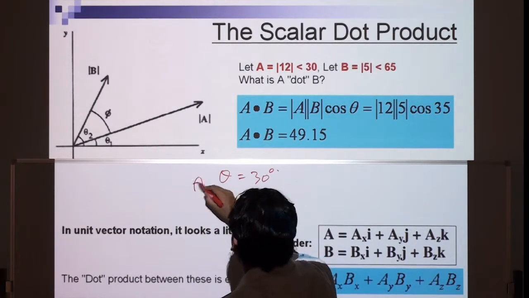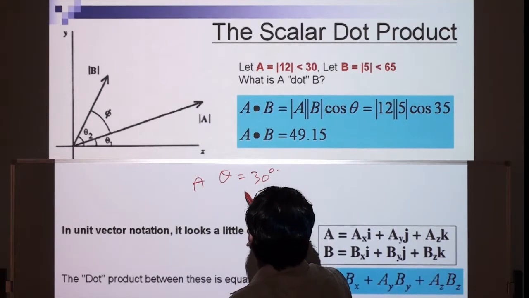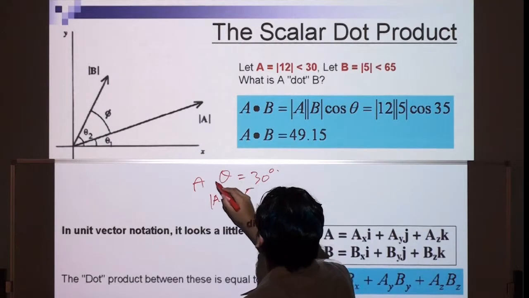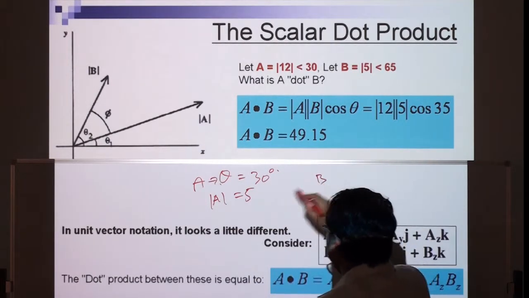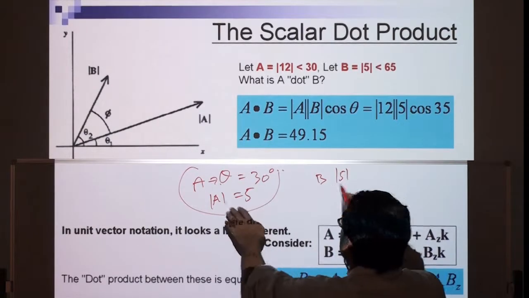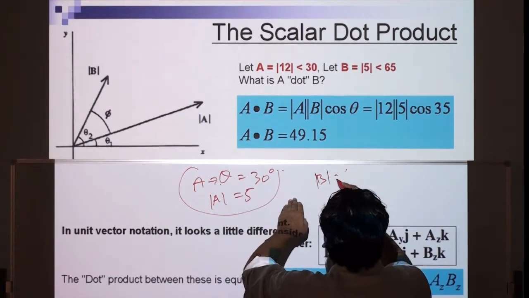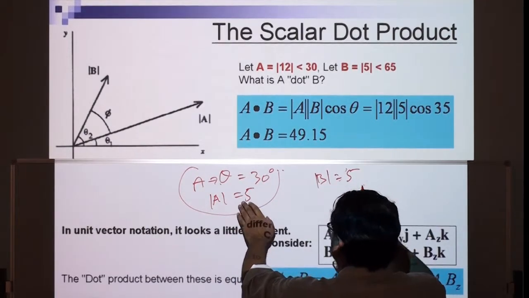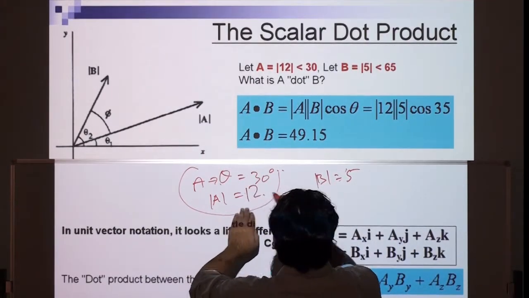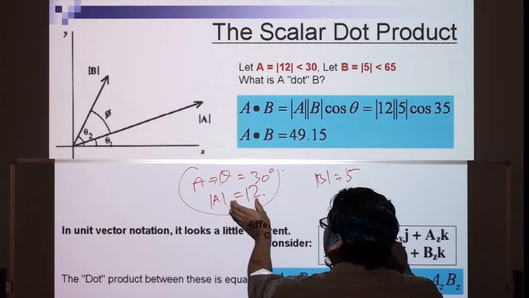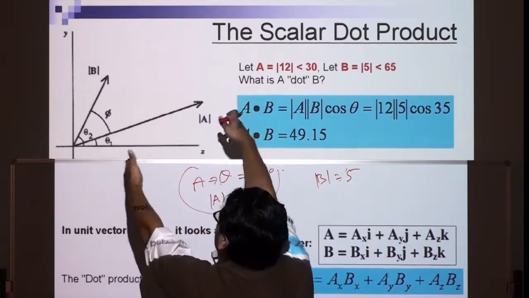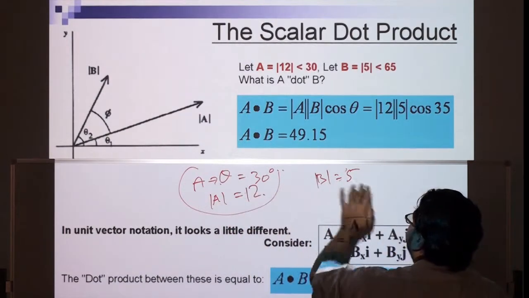Notice that this is not 5, this is 12. The length of A is 12 and the length of B is 5. See how A is longer than B? That's why 12 is higher than 5.